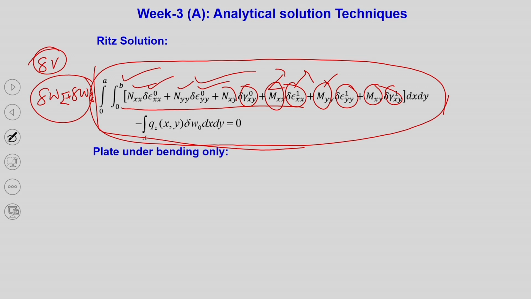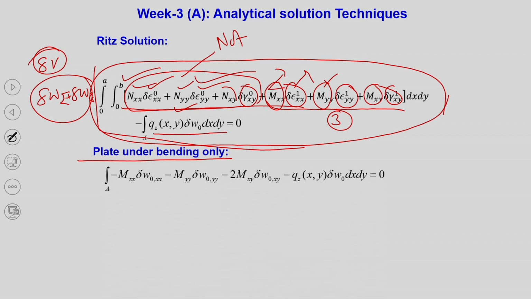In some of the books it is solved only for plate under bending, so all three terms will contribute. These are the stretching terms, which do not contribute. But if you are interested in developing a Ritz solution for a complete case, stretching as well as bending, then you have to consider this, and this is the loading one, you see.